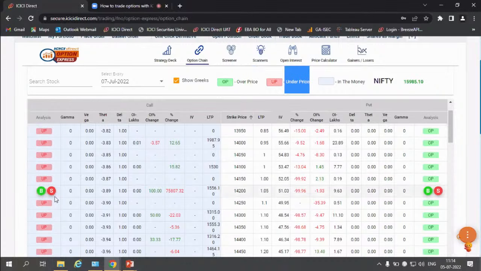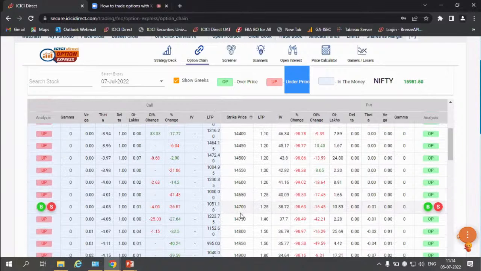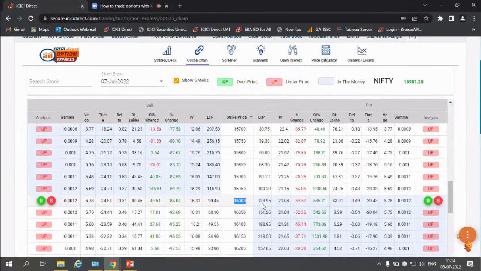Suppose at a strike price of 16,000 the price of this option on the put side is 124, and it says underpriced, which means the price of this particular option was supposed to be a little bit more, but it is trading cheaper. So what traders understand from this is that because this is slightly cheaper than what it was supposed to be, you can simply click on buy here and buy it.